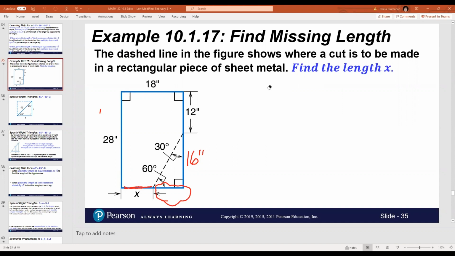So we've got a 30, 60, 90 triangle here. I'm going to pull it out separate. We've got a 30, 60, 90 where we know that the longer leg is 16 inches. We know that the 30-degree angle is up here, and we know that the 60 is down here.